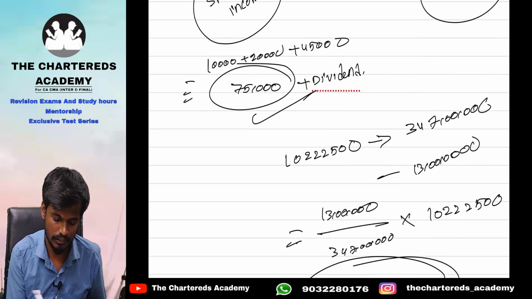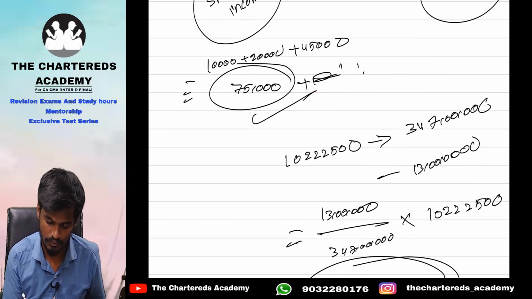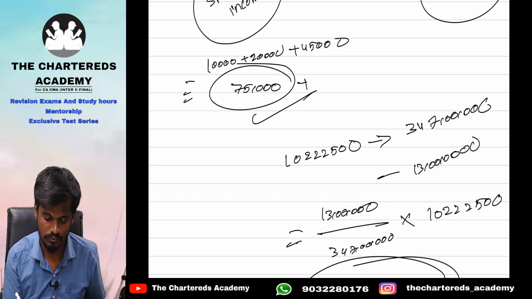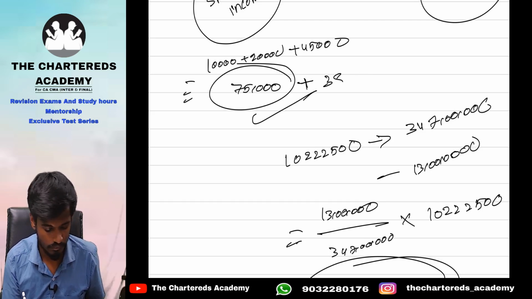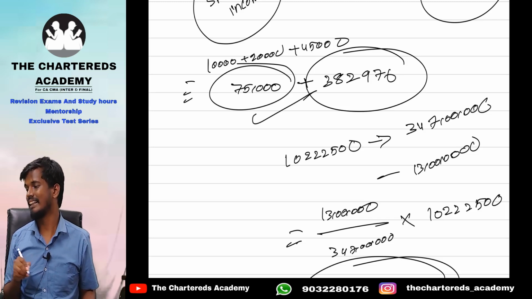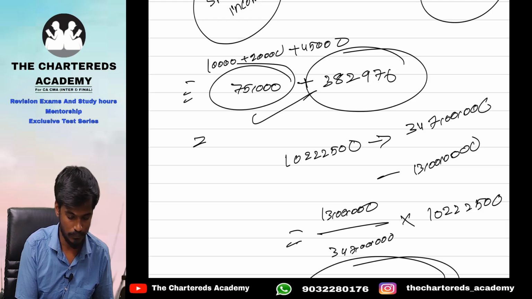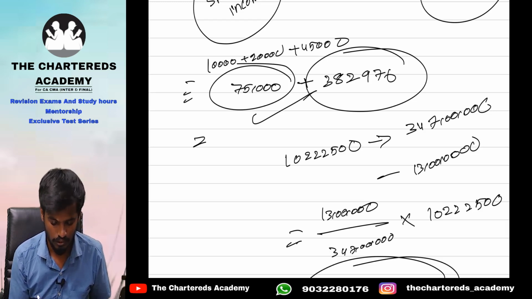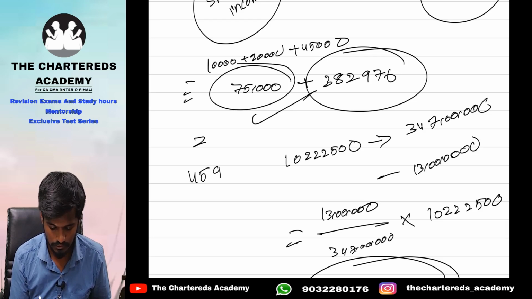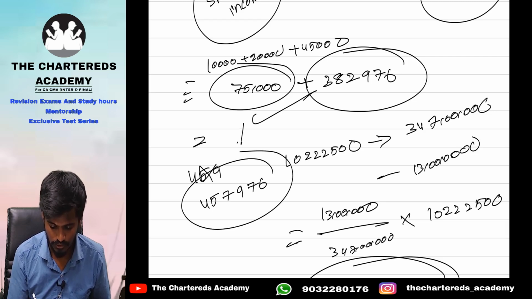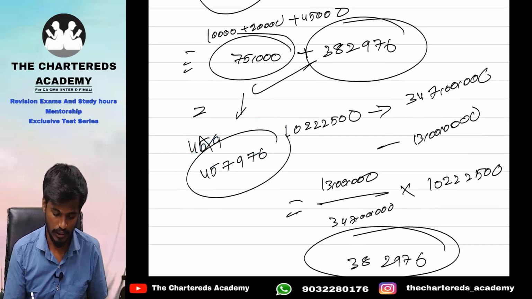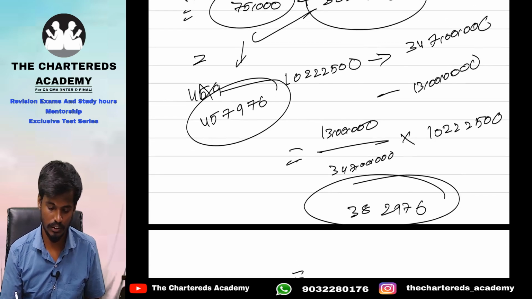You can add it to this dividend. What is your total specified income? 25,000 plus 38,296 plus 75,000. That is the tax on specified income.